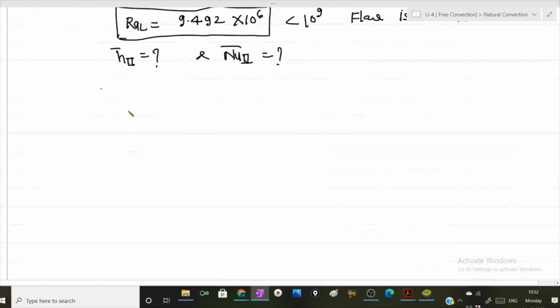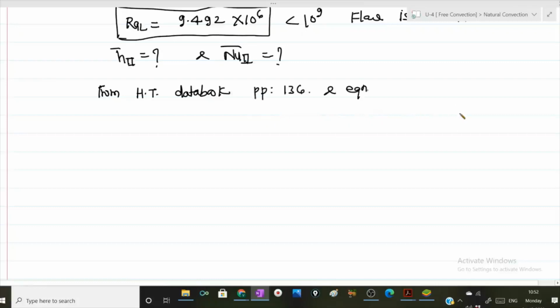So once again, from the heat transfer data book, page number 136 and equation 2.1.1. What is that?